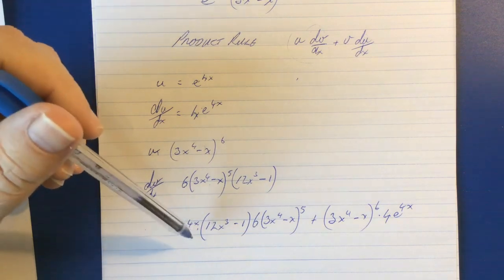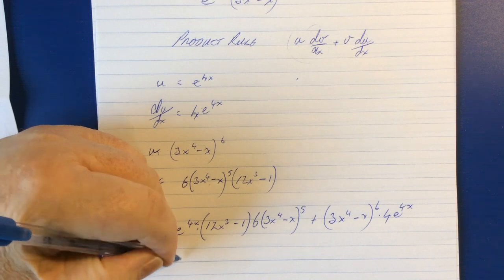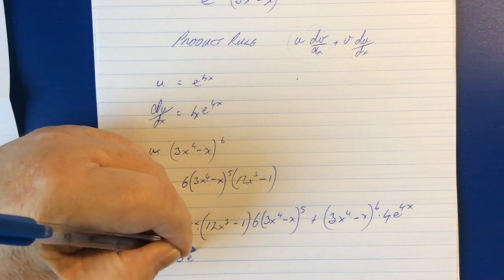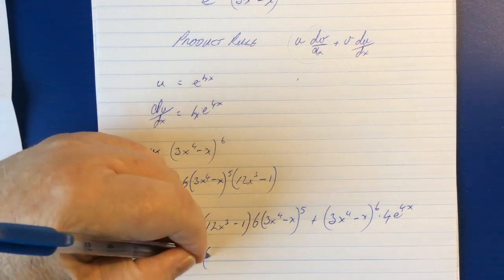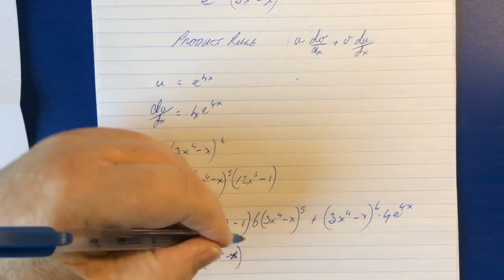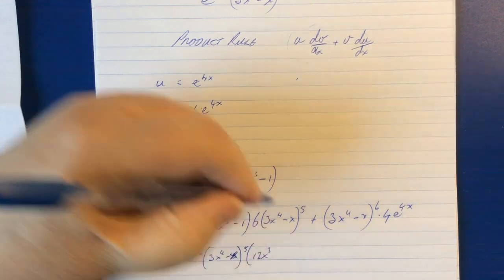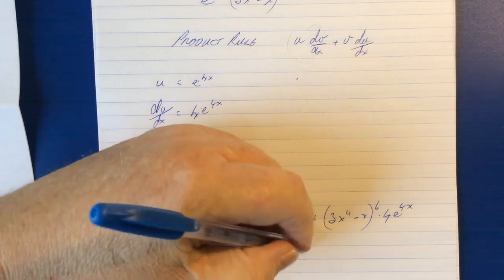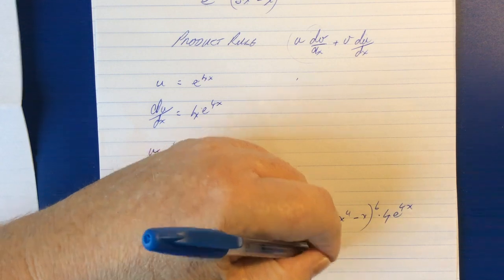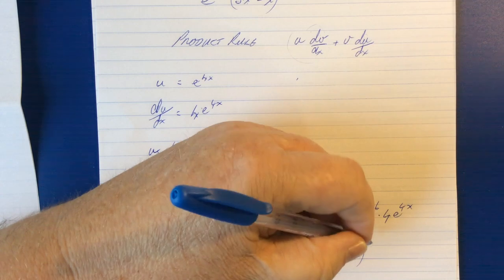Now this can be tidied up a little bit. So let's set about doing that. 6e to the 4x, (3x to the 4 minus x) to the 5 times (12x to the 3 minus 1) plus 4e to the 4x into (3x to the 4 minus x) to the 6.